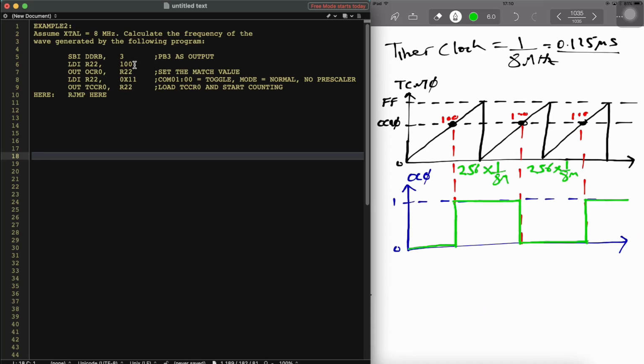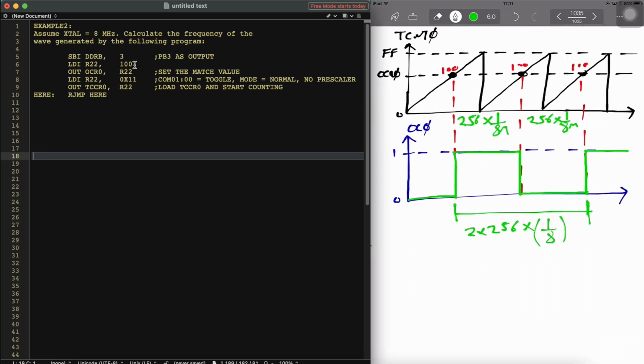So the period of this wave is going to be 2 times 256 times 1 over 8. If you calculate that, that's going to be 2 times 256 times 0.125 microsecond as a period. It's going to be 64 microsecond for that wave.